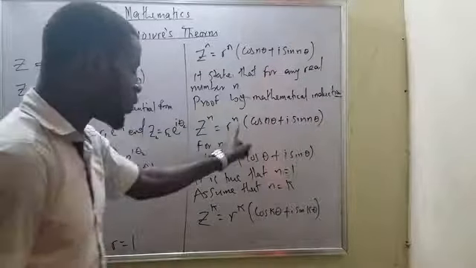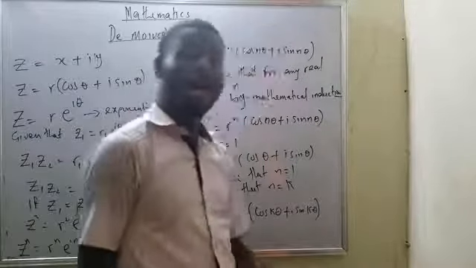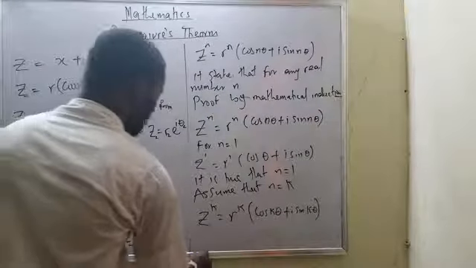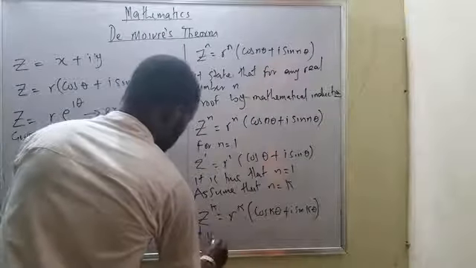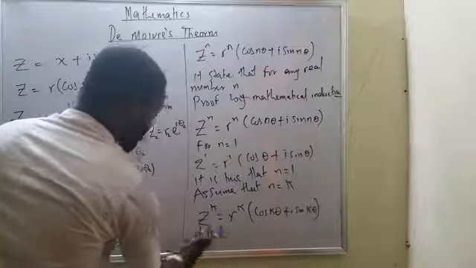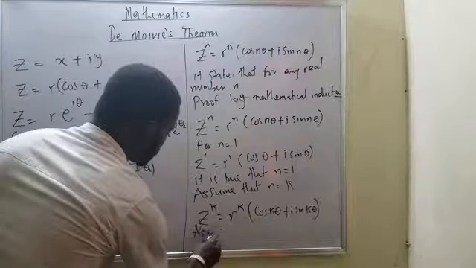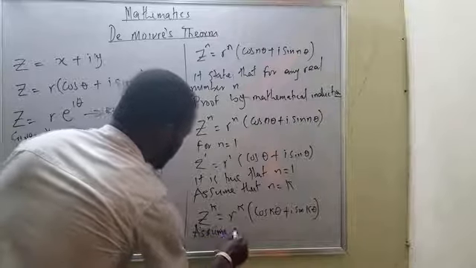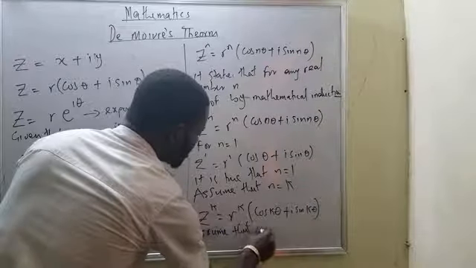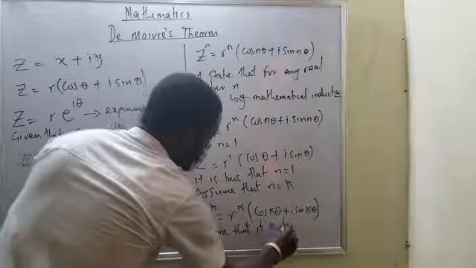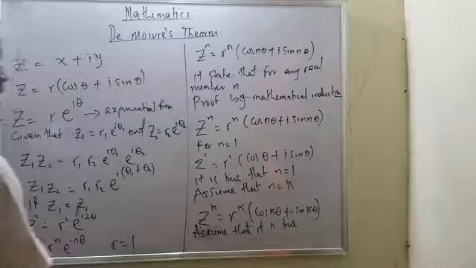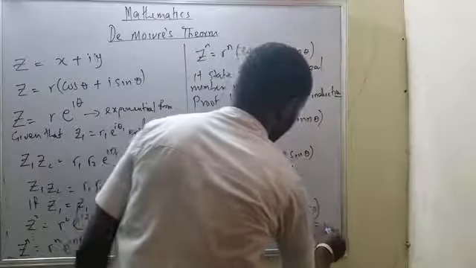Since it's true for 1, it will be true for 2, and also true for k. Okay, let's say we assume that it is true that n equals k.